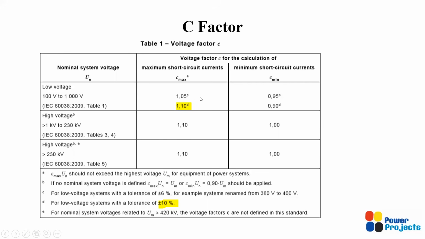In low voltage systems, mostly in 400 volt or 415 volt systems, we are accepting 10% voltage variations. So in this case, you need to use a 1.1 C factor for all the voltages. And if your voltage tolerance is only 6% or less than that, then you can use a 1.05 C factor for low voltage systems. But otherwise, you have to use a 1.1 C factor.